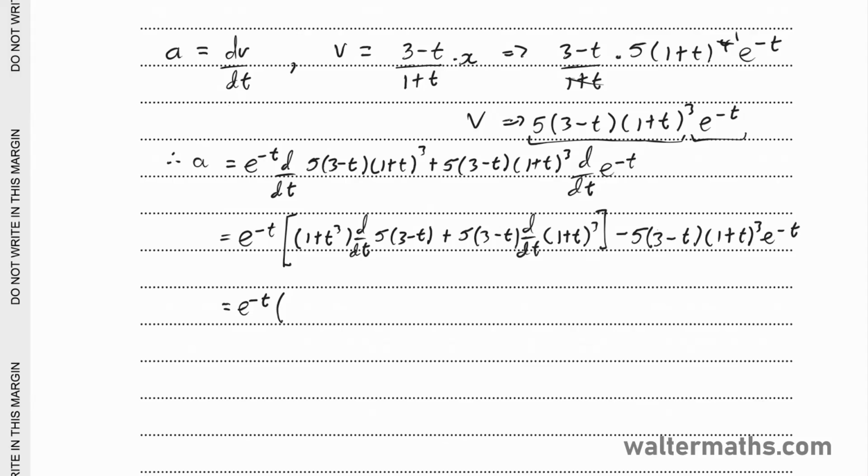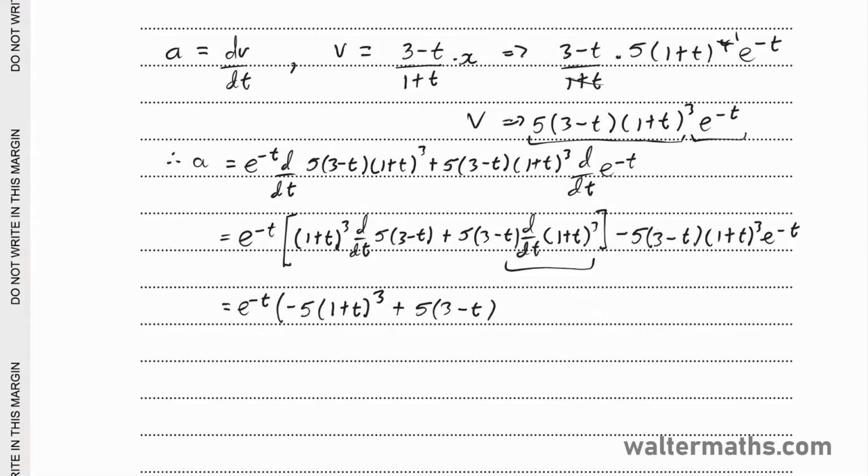So we have minus 5(1 plus t) cubed. The cube is outside the bracket, so let's write that down properly. Okay, so (1 plus t) cubed, like this. And that's going to be plus. And here we've got 5(3 minus t).